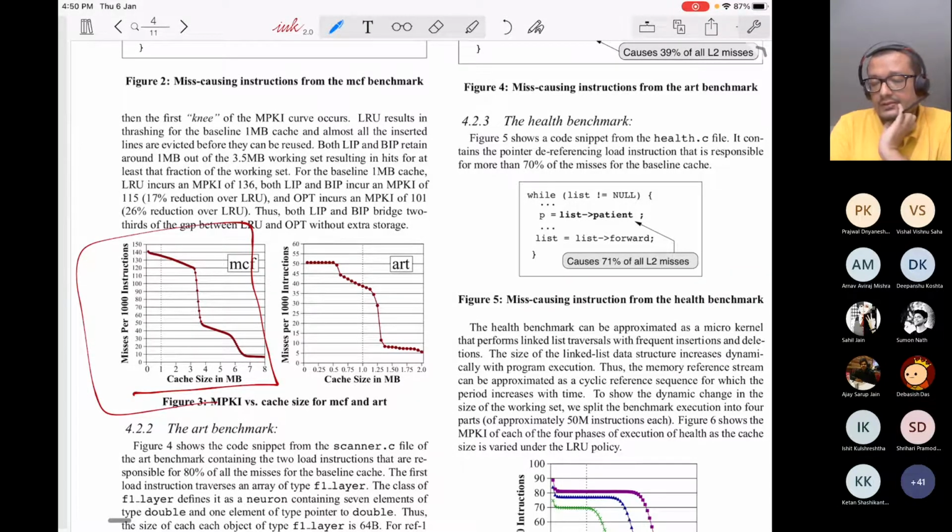That means you are actually here, so the misses per kilo instruction are really high. It goes down slowly, and it almost becomes 0 once you provide 8 MB, which means the cache size is not good enough for this particular workload.